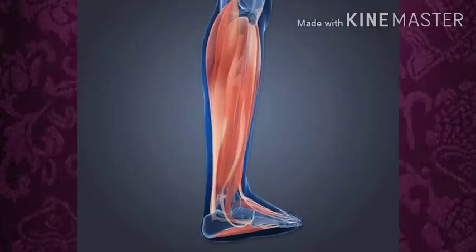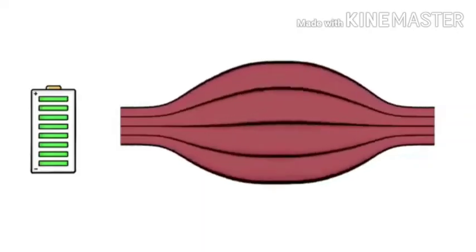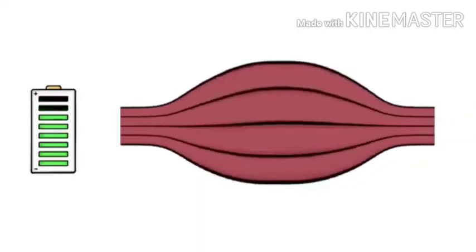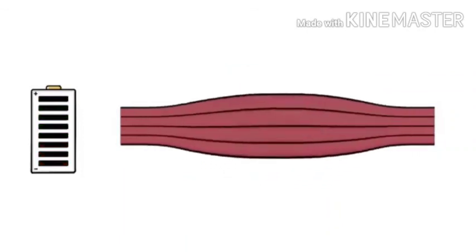It also slows down the action of many enzymes associated with muscular contraction. As a result, muscles get exhausted and temporarily lose their power of contraction. This condition is known as muscle fatigue.